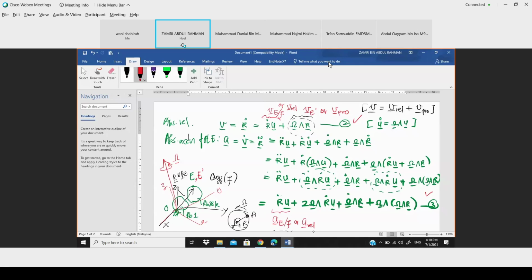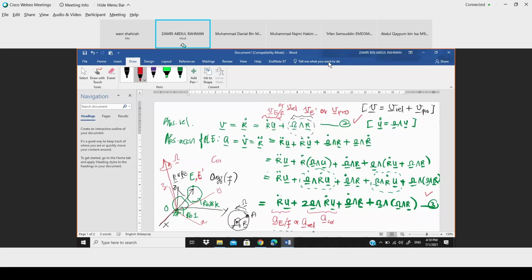That is why they call it A rel. The second term here is known as the A Coriolis. In short, they write it as A core, Coriolis acceleration.